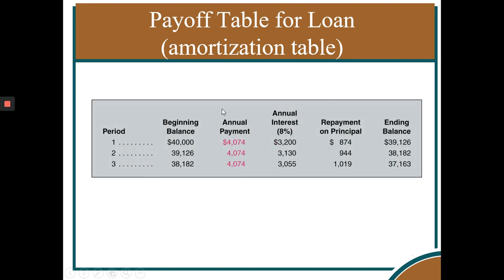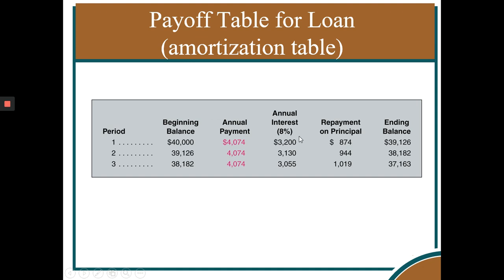So this is the process behind it, right? You see your beginning balance of 40,000, you're paying 4,074. The interest charge would be 3,200 for the loan you have taken.